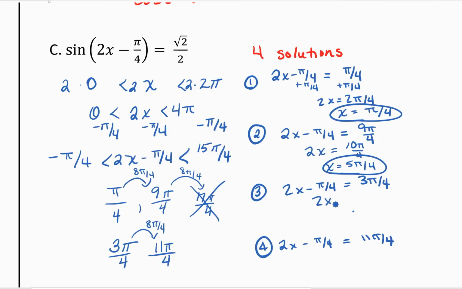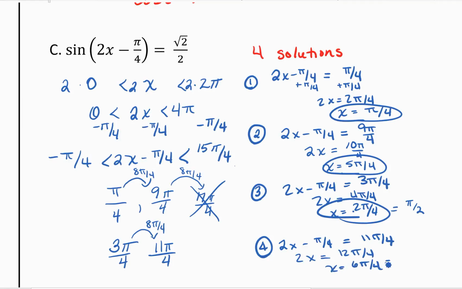Here, when we add pi over 4, we'd have 4 pi over 4. Divide both sides by 2, and we'd have 2 pi over 4, which is the same as pi over 2. Here, when we add pi over 4, we'd have 12 pi over 4. When we divide by 2, we have 6 pi over 4, which reduces to 3 pi over 2.